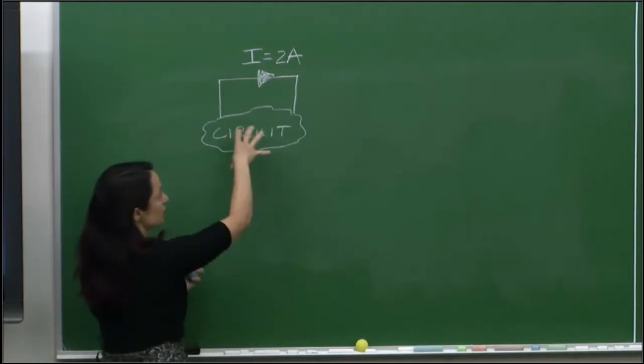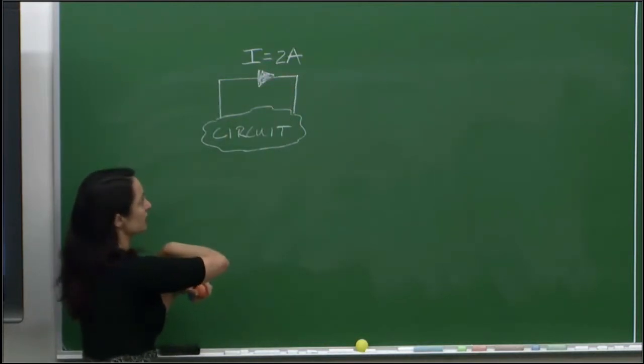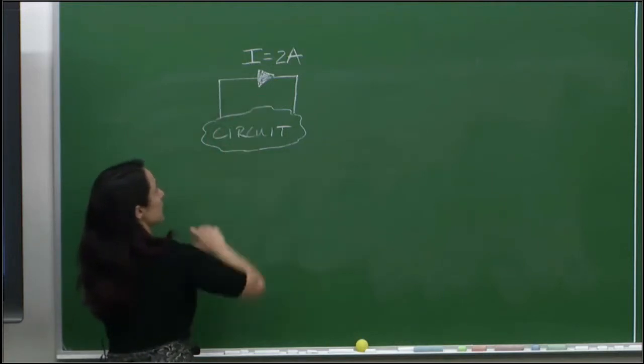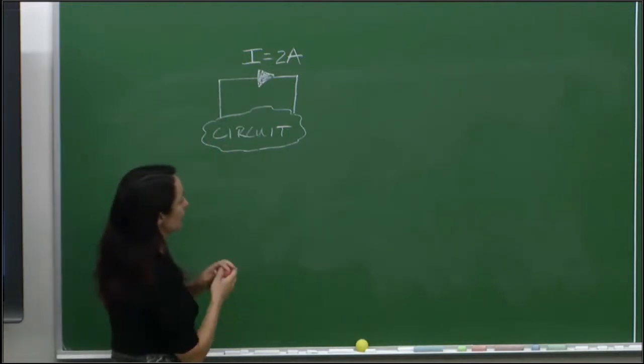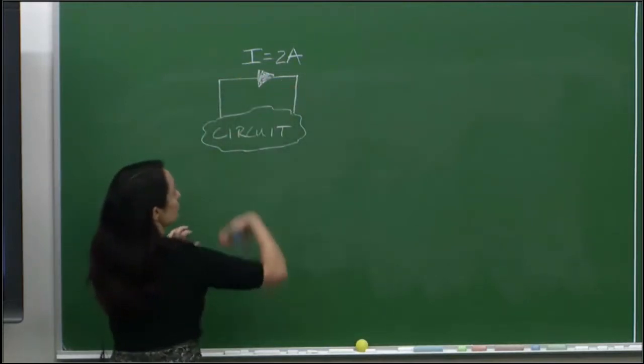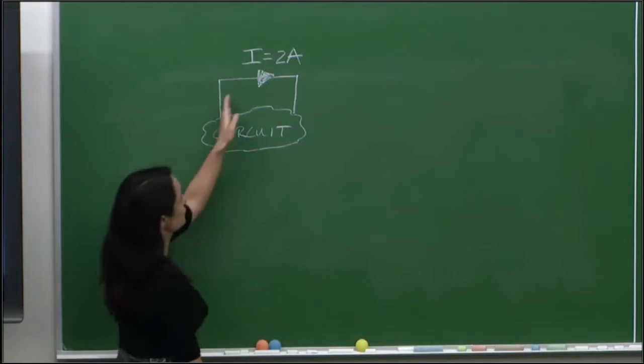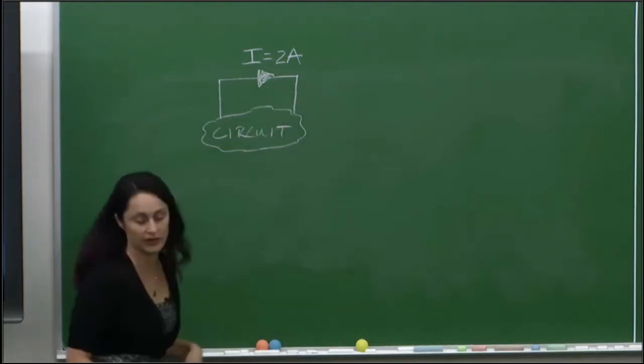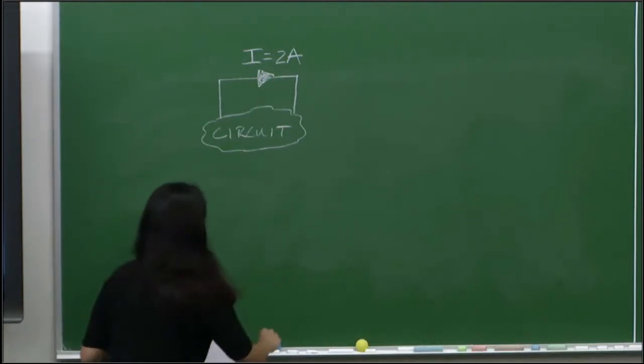Who knows what else is going around here? It's some black box. We'll solve for that stuff later. But in this breakout, I could put a meter in there and have a 2 amp reading. Any given second, I have 2 coulombs going past there from left to right, because this is a positive value, and we have our arrow drawn left to right.